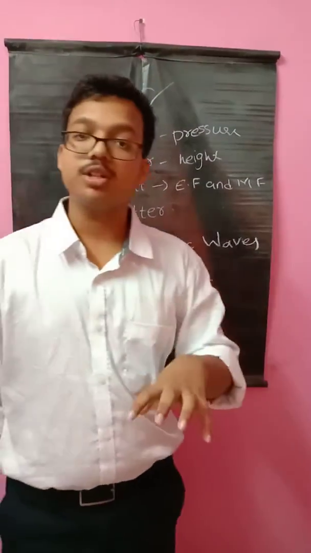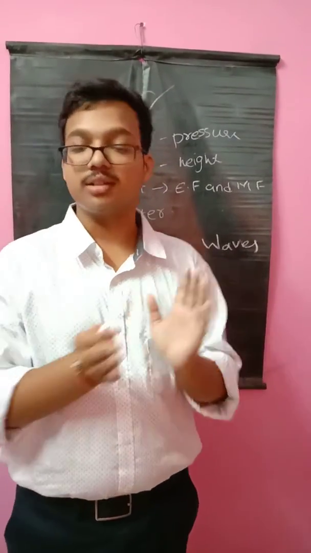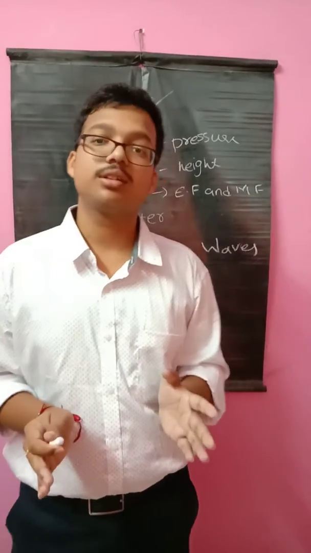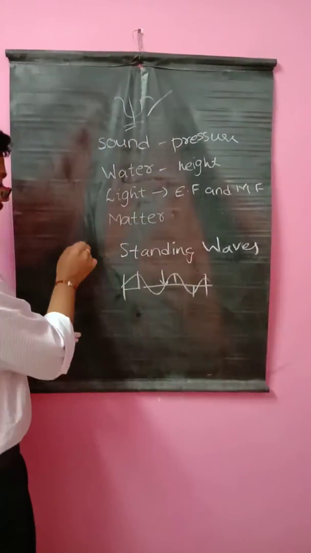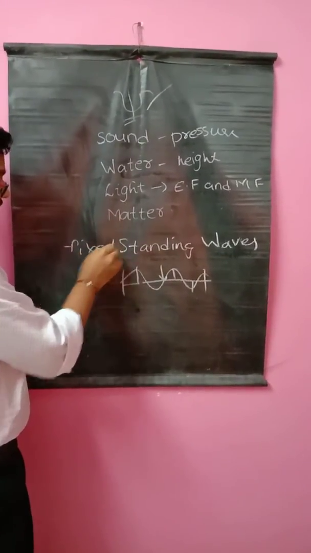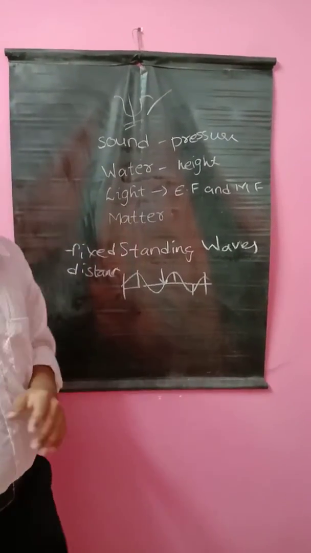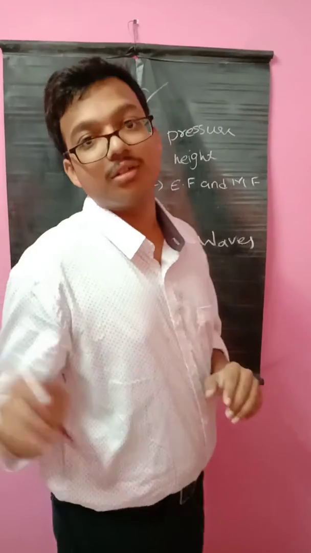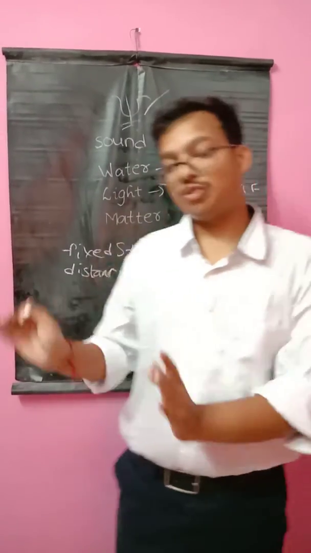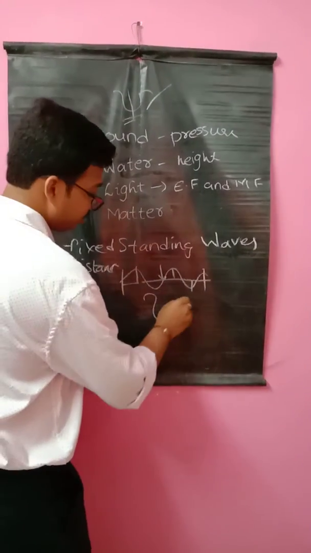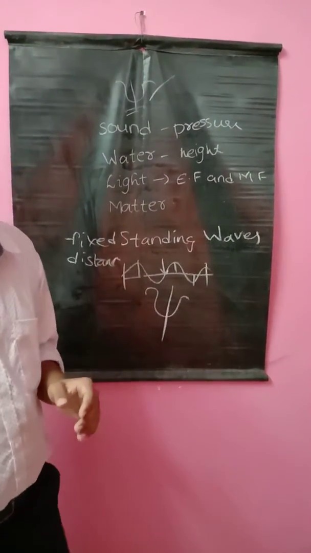The same situation occurs with the nucleus and the electron. The electron moves at a fixed distance from the nucleus, but here the amplitude is changing. The varying quantity is known as psi.